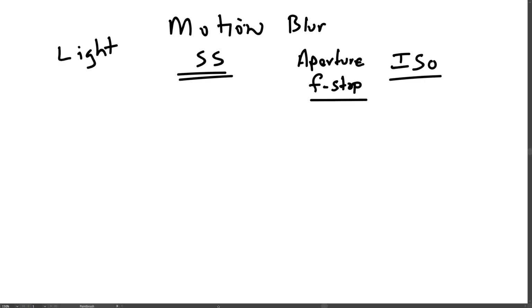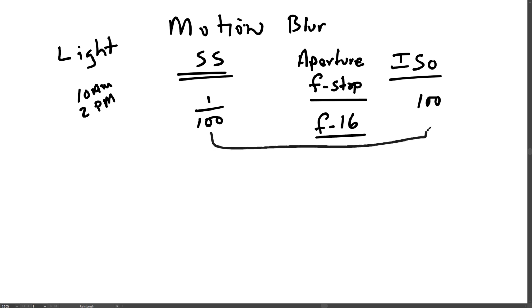So if we go back to Sunny 16 and we're taking a photograph between 10 a.m. and 2 p.m. on a bright sunny day without a cloud in the sky, we can set our ISO at 100. Of course, our f-stop needs to be f16. It's the Sunny 16 rule. And our shutter speed at 1/100, which is the reciprocal of the ISO.